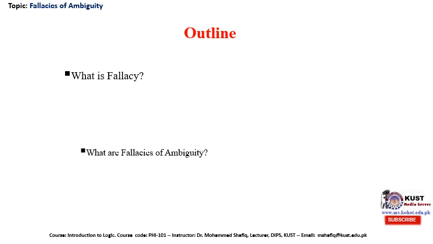As you know, I have mentioned in previous couple of lectures that a fallacy is an argument in which there is a mistake which cannot be seen apparently, but that is a kind of technical mistake which we need to know, because the whole purpose of logic is to know the methods and principles which distinguish between correct and incorrect reasoning.